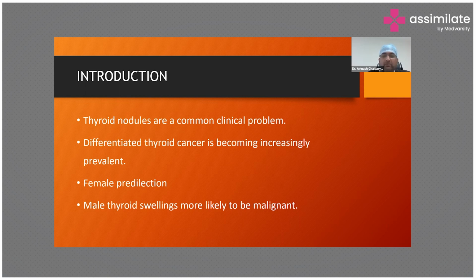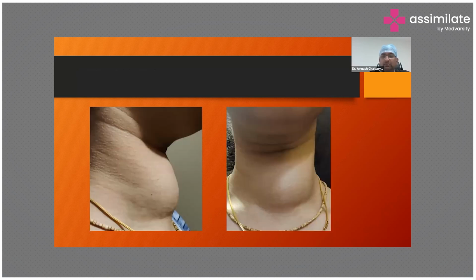Although it has a female predilection, the cancer as such is more rampant in males. Any thyroid swelling in males is more likely to be malignant compared to a thyroid swelling in females. As you can see, patients will present to us with nodules like this involving the left lobe of the thyroid, the right lobe, or both lobes.